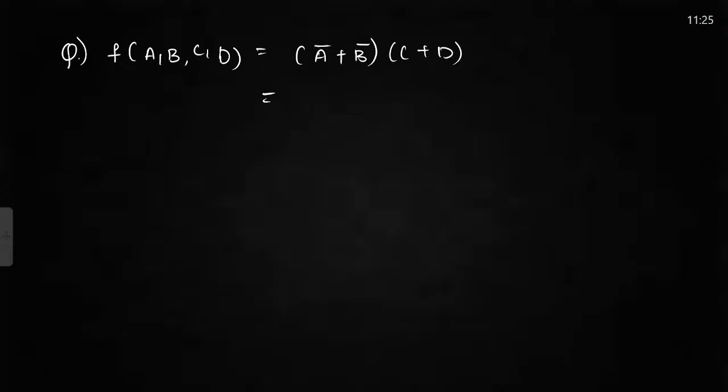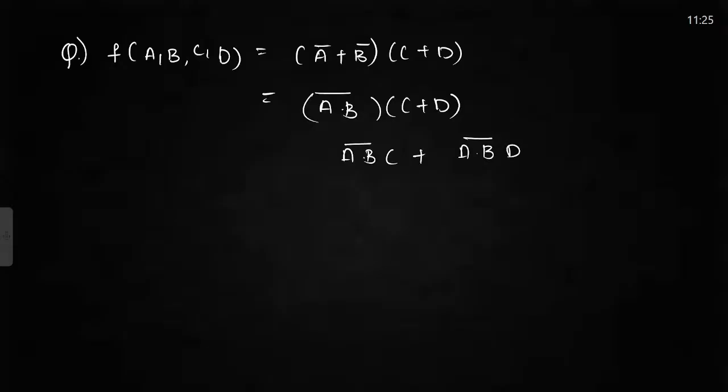When you try to apply De Morgan's theorem to this function, that will become a bar plus a bar whole bar, c plus d. So this will be a b bar c plus a b bar d. Right.